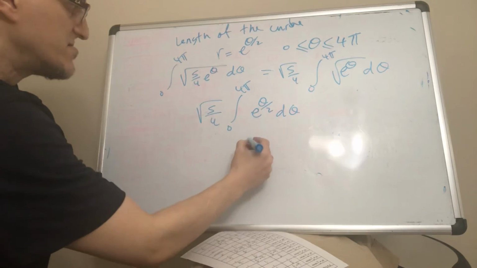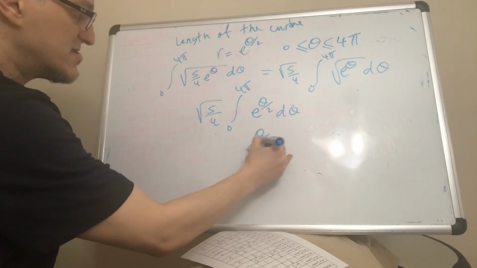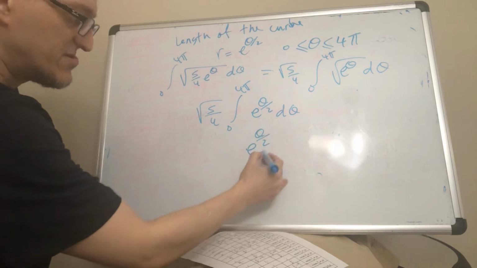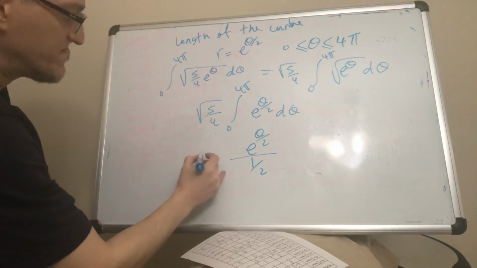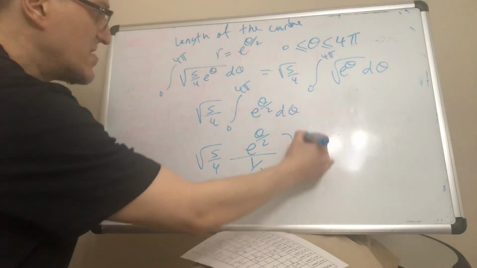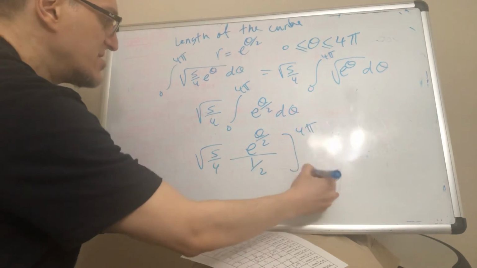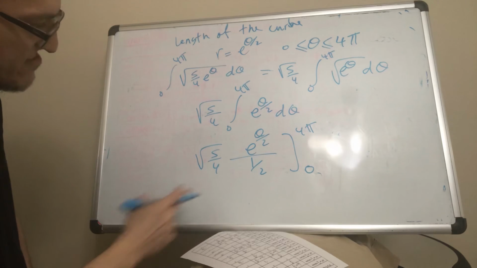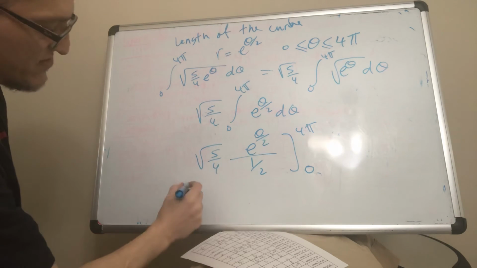The integral of e to the theta over 2 would be itself over the derivative, so over half. And you have 4 pi and 0. When you divide by half, you multiply by 2.